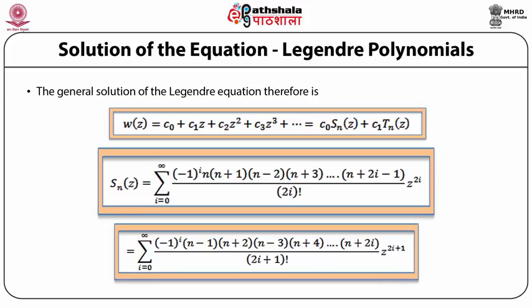Tn(z) is the summation over i going from 0 to infinity of (−1)^i (n−1)(n+2)(n−3)(n+4) and so on till (n+2i) z^{2i+1}/(2i+1)!.